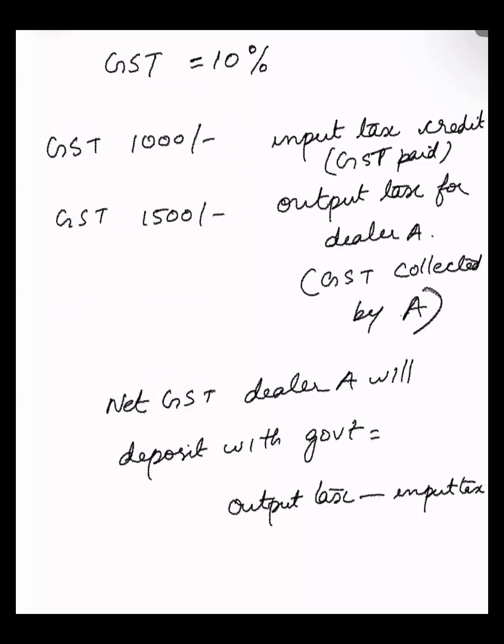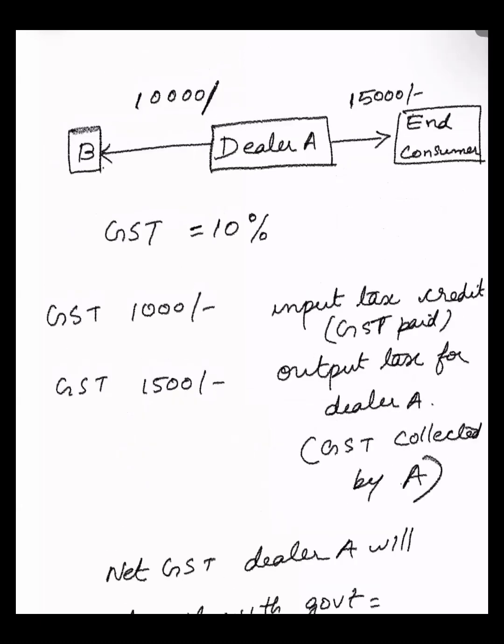So here, 10,000 rupees was the cost price for dealer A. On this 10,000 rupees, he has paid 10% GST, which was 1,000 rupees.